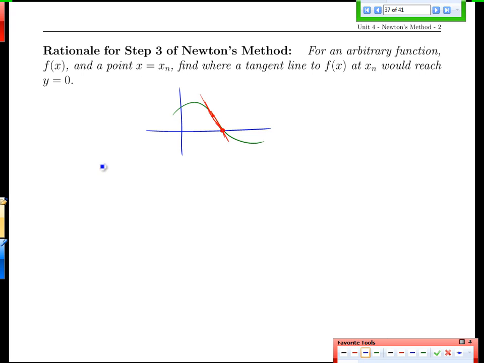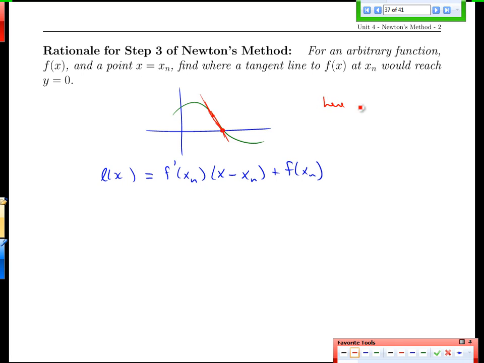Well, for that, we have to know what the linear function is. So the linear function L of x is f prime at the point we are considering times x minus the point we're considering, plus f of xn.